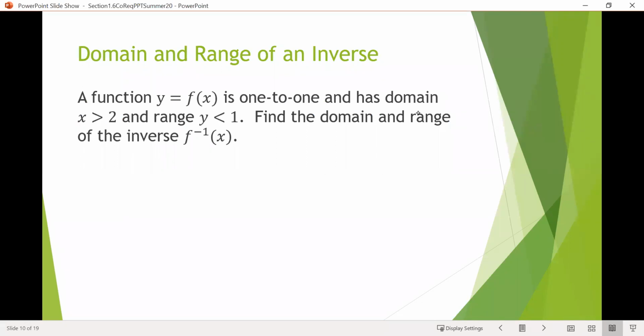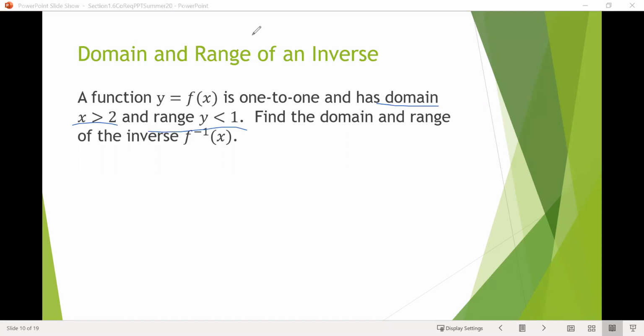Okay, so let's look at domain and range of an inverse function. Again, keeping in mind this idea that inverse functions reverse inputs and outputs. So we're told that we have a function y equals f of x that's one-to-one. It has a domain. Recall, domain is a set of inputs. So domain is x greater than 2.